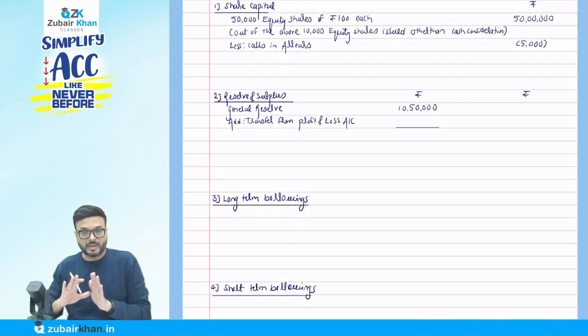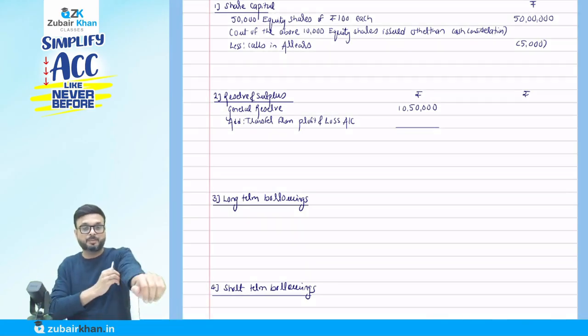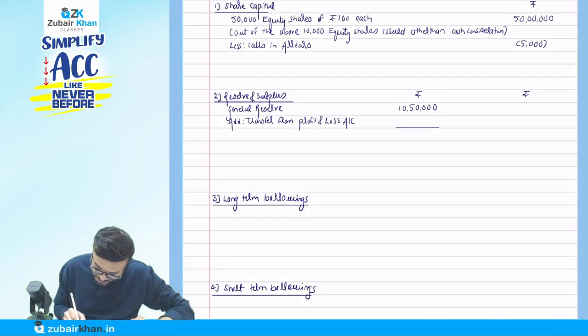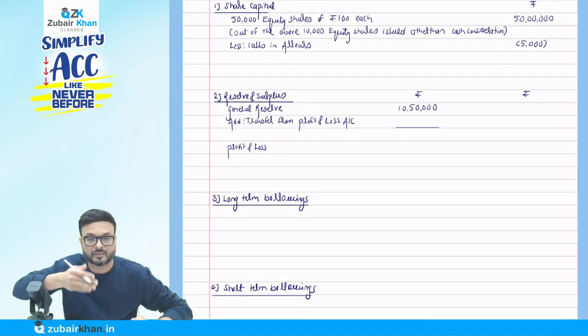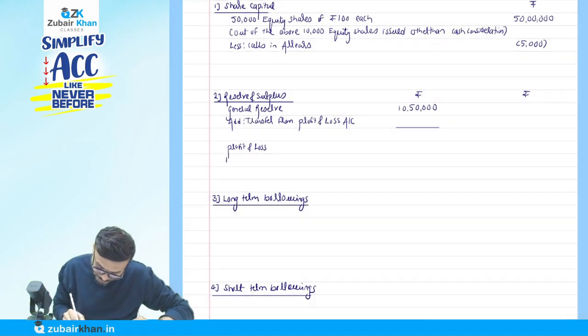We have not yet written it on the balance of P&L, but we'll do it later. Here write down profit and loss account balance. We'll write it later on when we solve the trial balance in sequence. But for reference, I'm saying, transfer to general reserve.